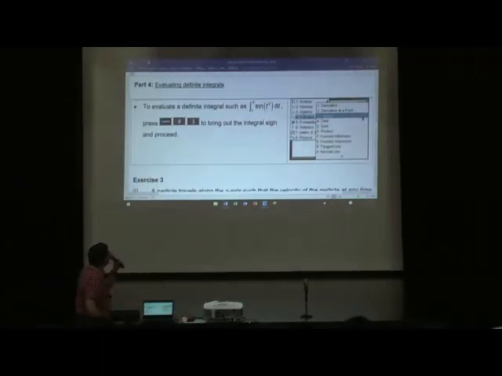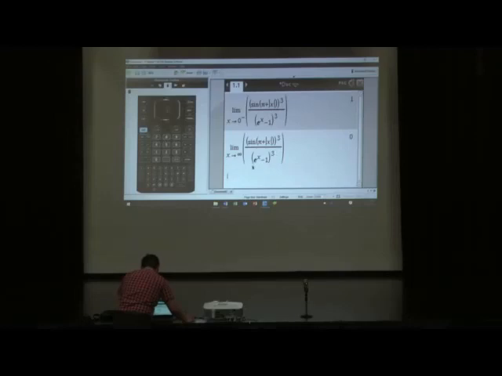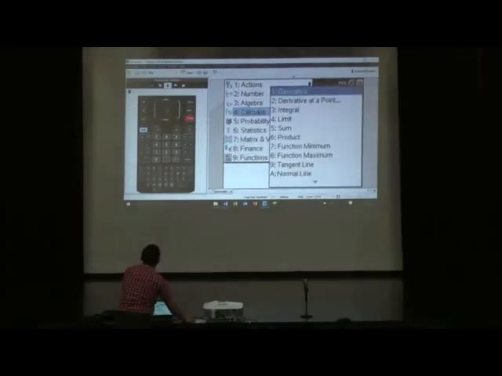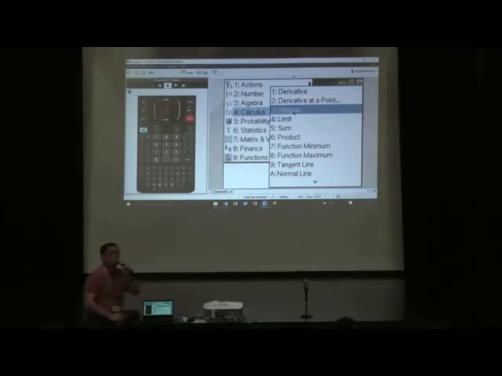Now the next part is how do we evaluate definite integrals? There's more than one way to do it. For example, you can press menu, then go to calculus, and go to integral.